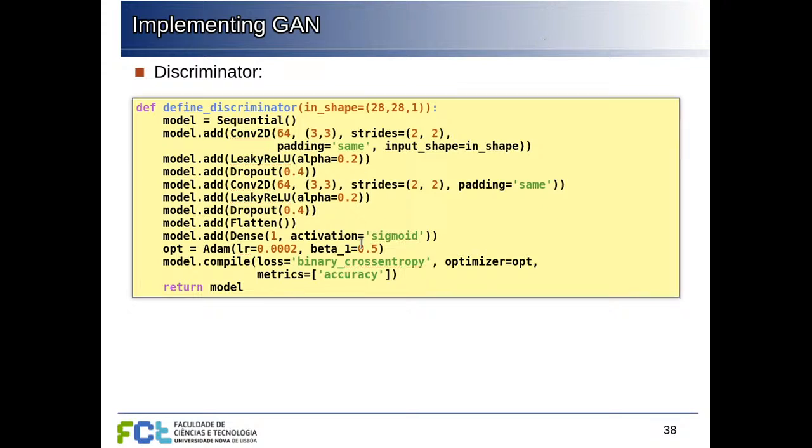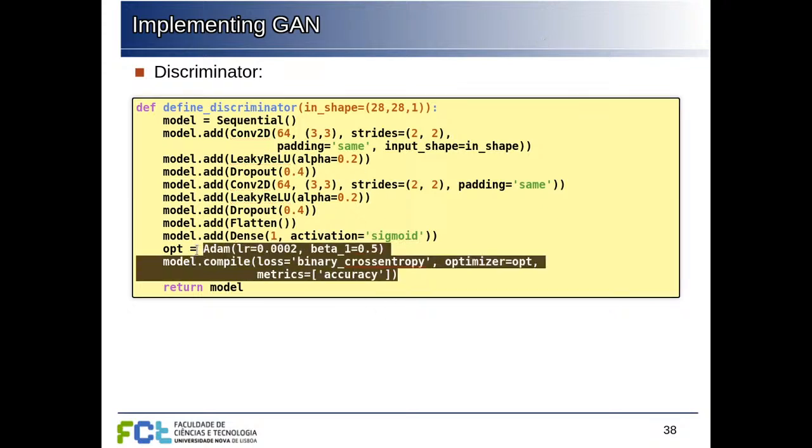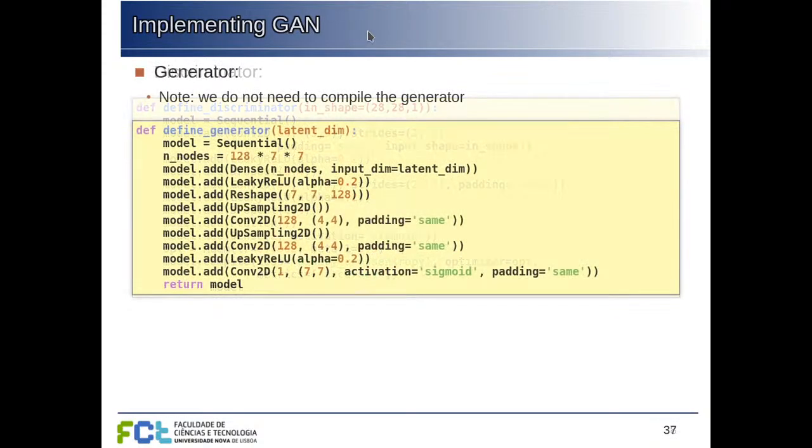Note here a difference that we are compiling the discriminator because we're actually going to use this model and train the discriminator on its own so that it can learn to distinguish between real and fake images. But we are not compiling the generator because we are never going to train the generator alone.